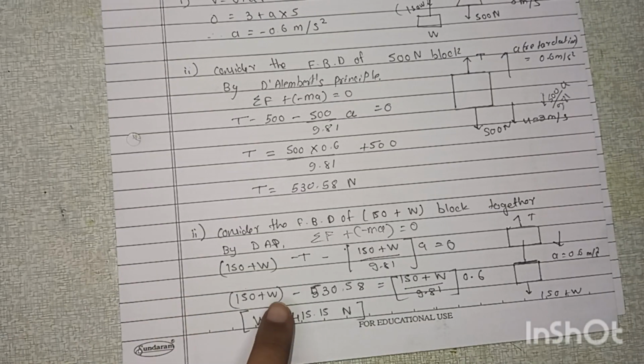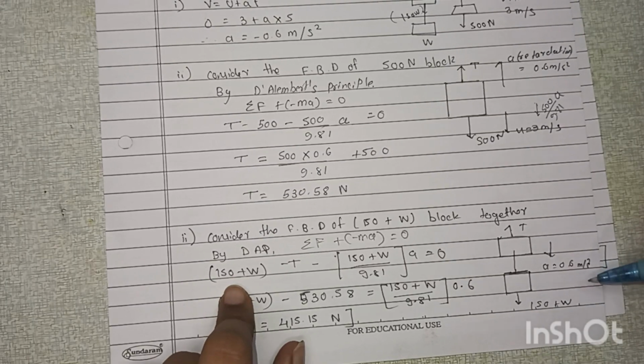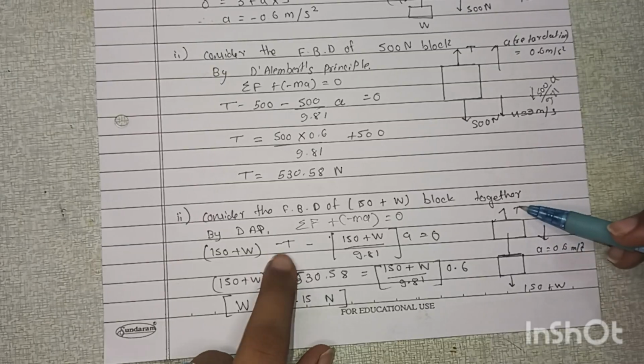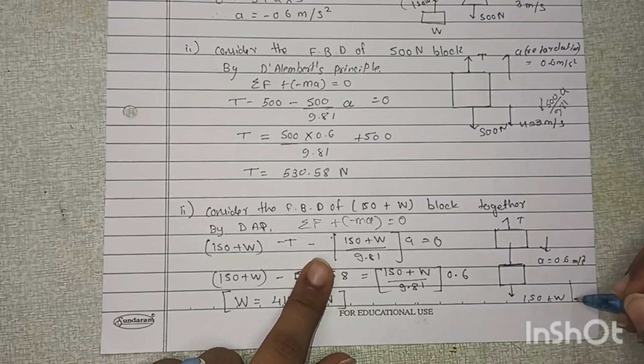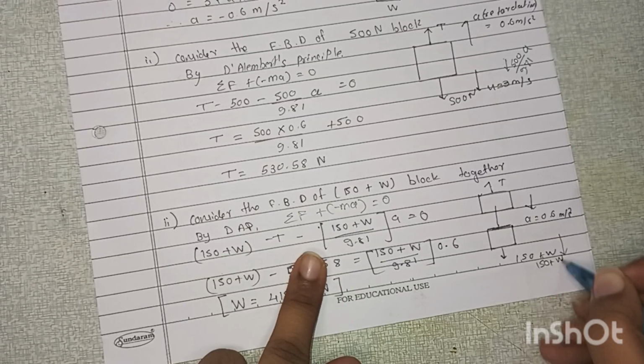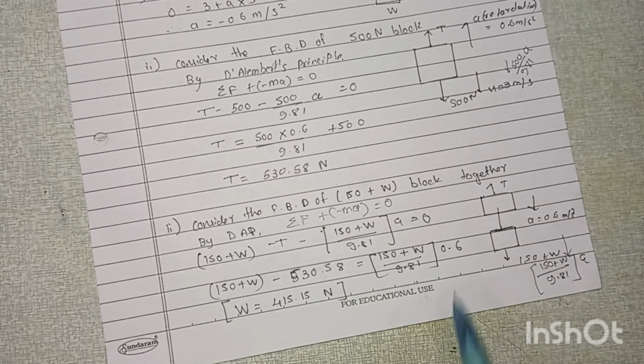So the summation of F: 150 plus W is in the downward direction and the motion is also downward, so it is positive, minus T minus inertia. The inertia is 150 plus W upon 9.81 into acceleration, and this is equal to 0.